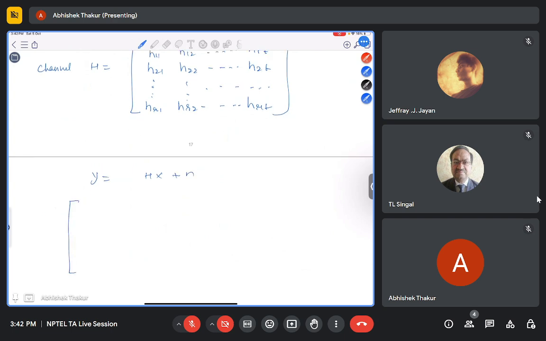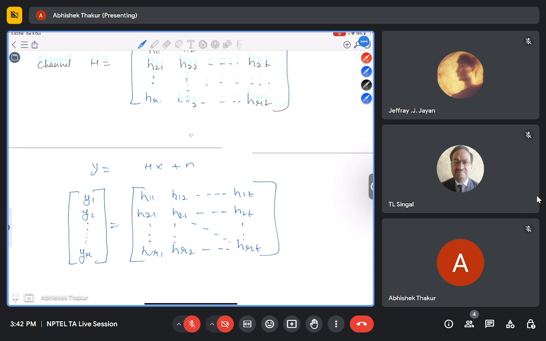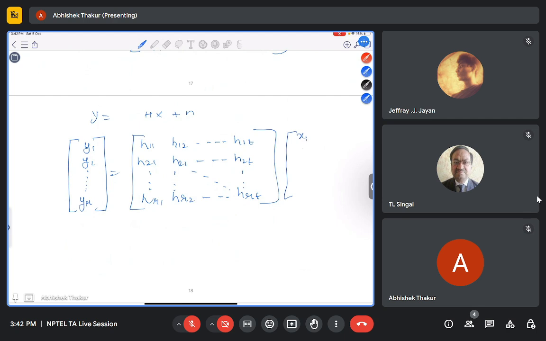So here our Y, that is Y1, Y2, up to YR, is equal to the matrix H11, H12, up to HR1, HR2, HRT, into X, that is X1, X2, up to XT, plus noise, where the noise is N1, N2, up to NR.